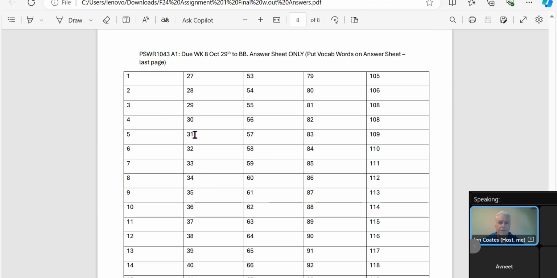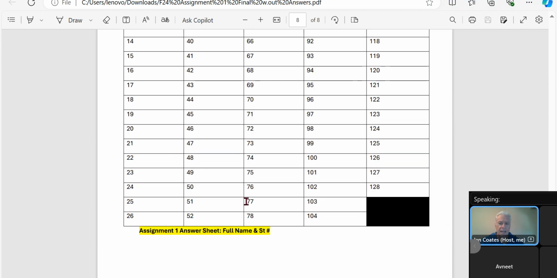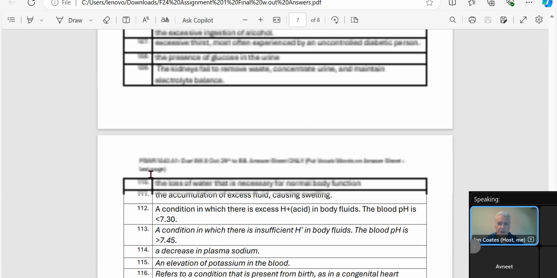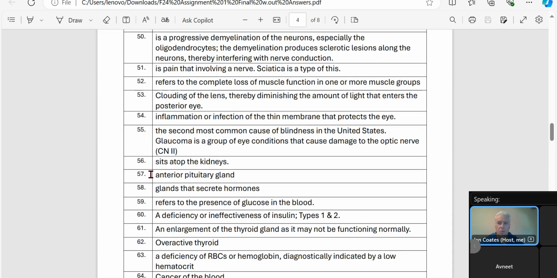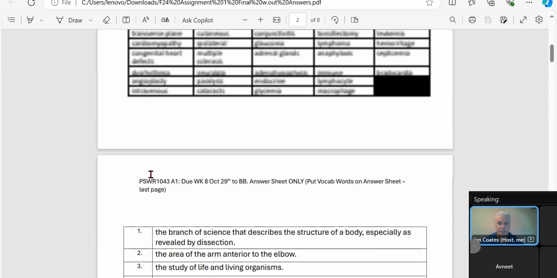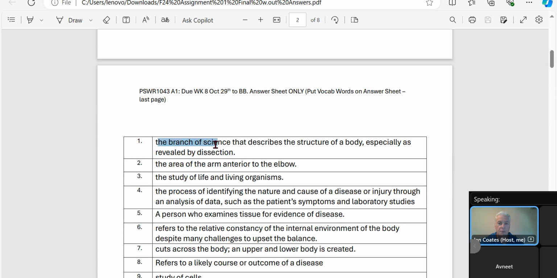Now, what I'm looking for, 1 to 128, you'll see the numbers here. So in the number 1 space below on the answer sheet, that will be about the branch of science that describes the structure of a body, especially as revealed in a dissection.